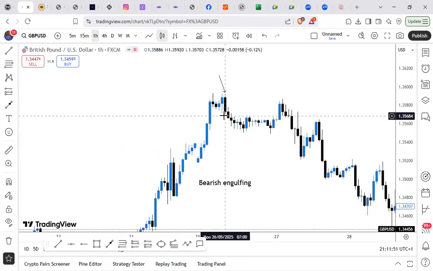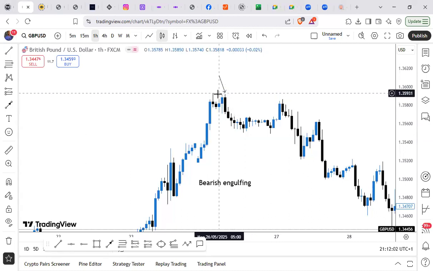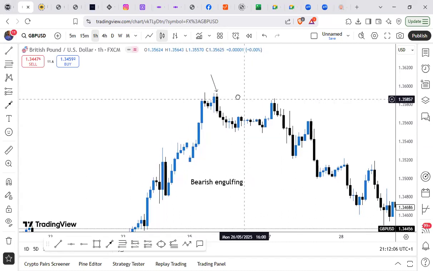The black candle is the sell candle. The blue candle is the buy candle. The black candle completely swallowed the blue candle. This is what we call bearish engulfing. It indicates that the sellers are coming into play.